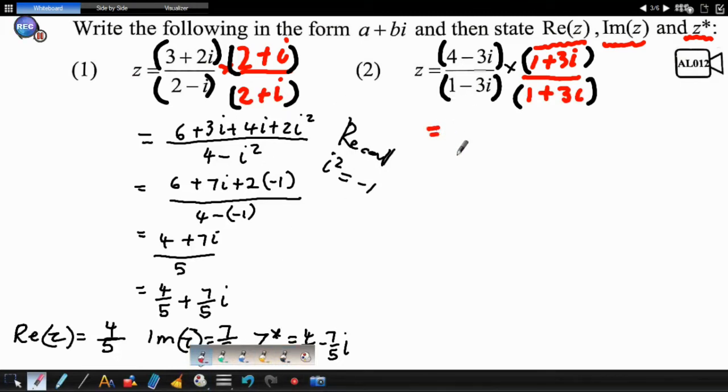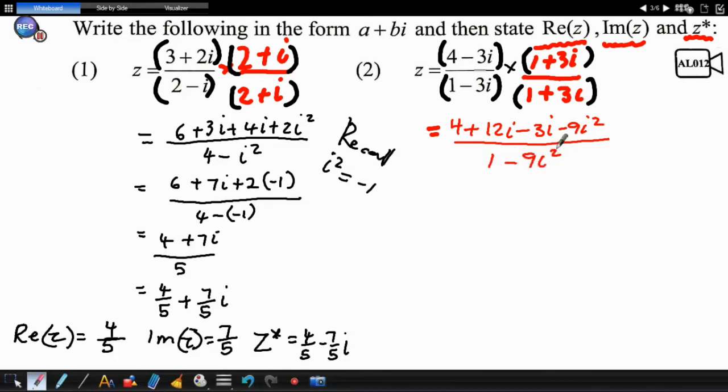So I will have 4 times 1, which will just give me 4, and then 4 times 3i, which will give me 12i. Then negative 3i times 1 will give me minus 3i, and then negative 3i times 3i, which will give me negative 9i squared. Right, and then at the bottom, we're going to have 1 minus 9i squared.